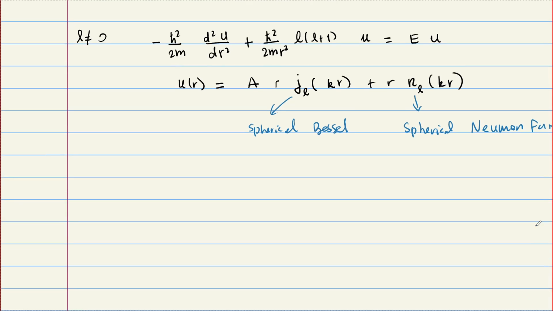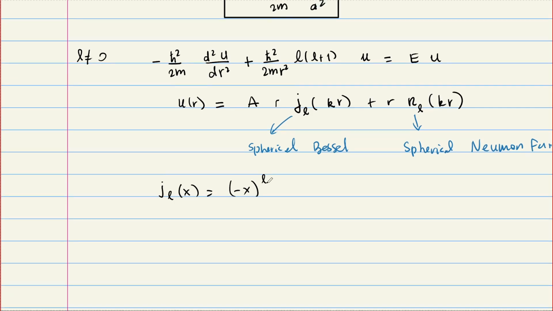Let me list a couple. j L is given by this: minus x to the L. Would we be expected to write this? No, right? Suppose in research you are exposed to something like this. Typically you put this in Mathematica, and Mathematica immediately gives you this result.